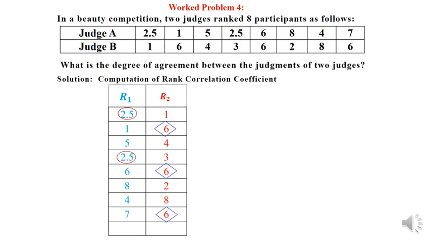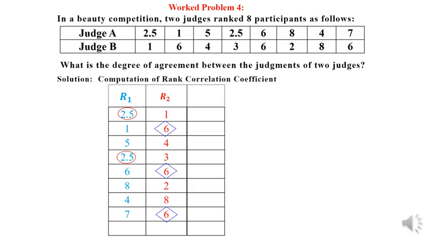So in both the series, 2 ranks are repeating. In the formula we have to add 1 by 12 into m cube minus m, 2 times, to sigma d square. Next step is to find d, that is the difference between ranks, R1 minus R2.